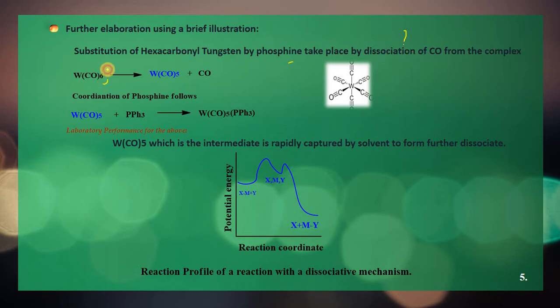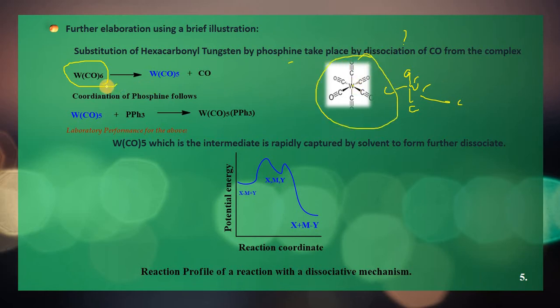Now, this is hexacarbonyl tungsten. We can see how I illustrated W at the center, being coordinated six all together: 1, 2, 3. I think I can draw very well. So, which is 6. The carbon tends to attach, which is what I illustrated here.